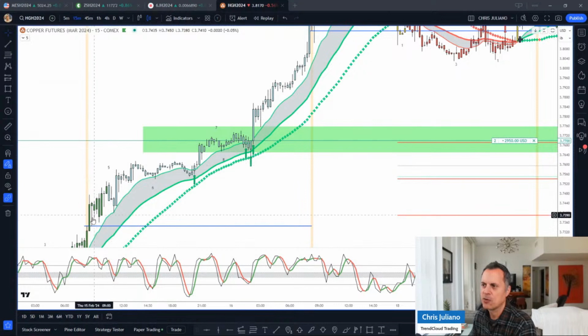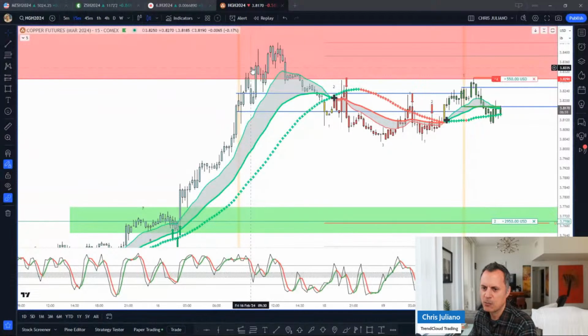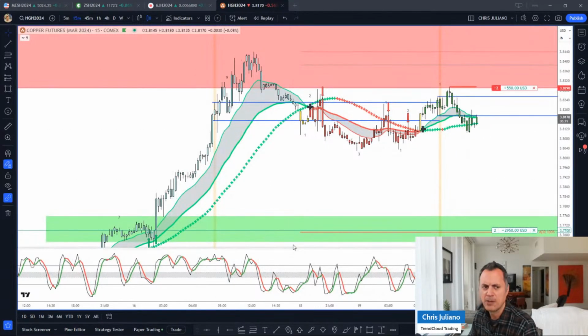TrendCloud counts it out for you. Here's 5, 6, 7, 8, 9. Okay, we are super extended into this trend, and price is inside again of a high time frame supply zone. So lots of sellers, lots of momentum facing down, cycling down, and we're in an extended trend.